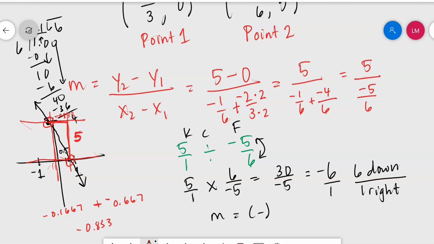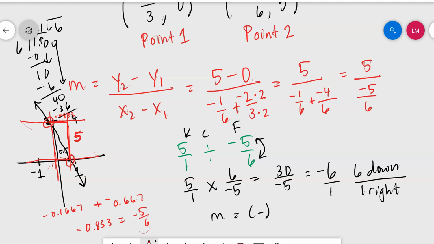It's a negative 6 because we have a change in 5, and then a change across the x that is negative. And you know what I realized too, guys, is that negative 0.833 is the same as negative 5 over 6. And when you divide that 5 by this number, that's where the negative 6 will come out.